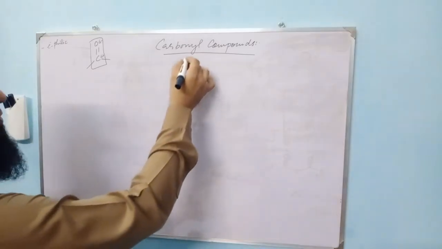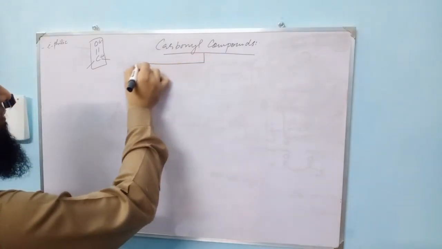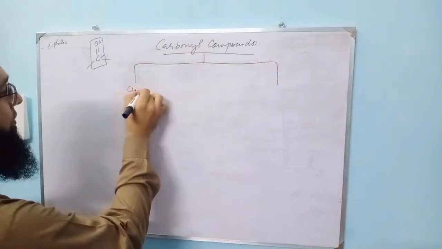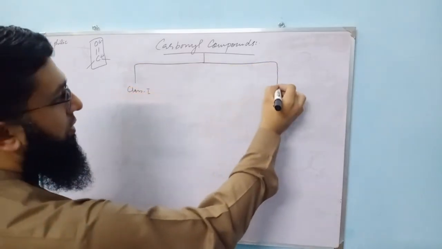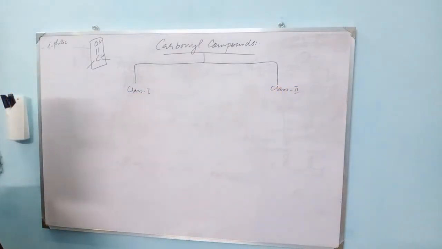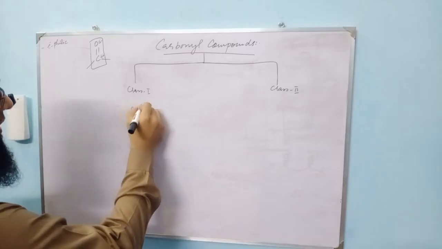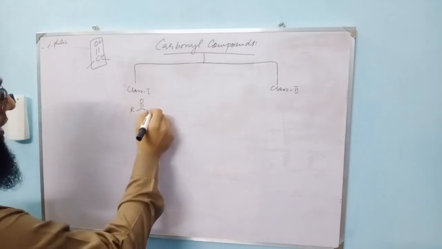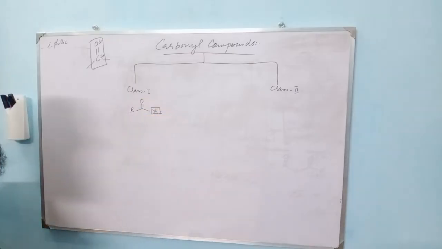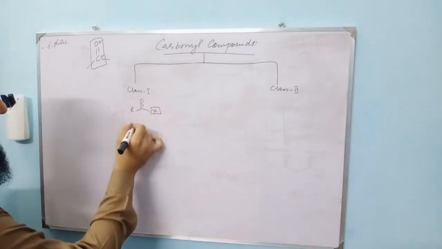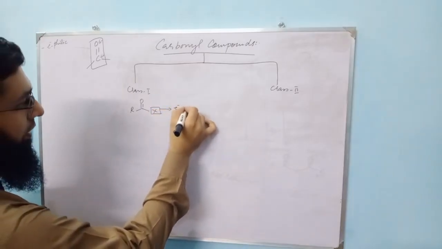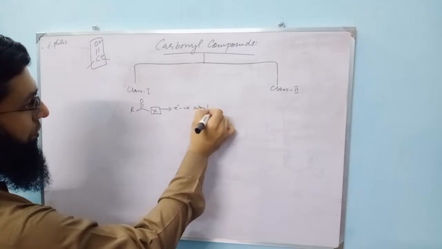So types of carbonyl compounds. In general, we classify carbonyl compounds into two types: class 1 carbonyls and class 2 carbonyls. Class 1 carbonyls, in this we have acyl group attached to an electronegative atom or group, and they are carboxylic acids or their derivatives, and this is the electronegative atom or group.